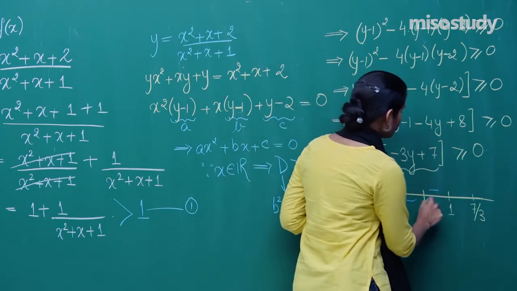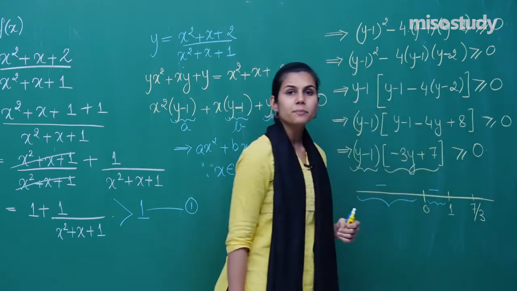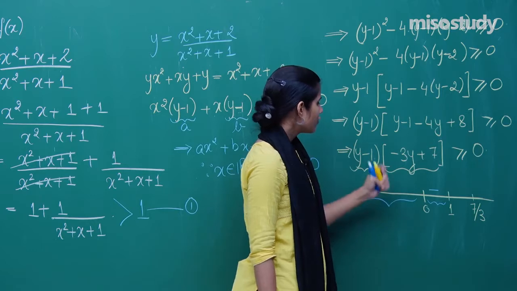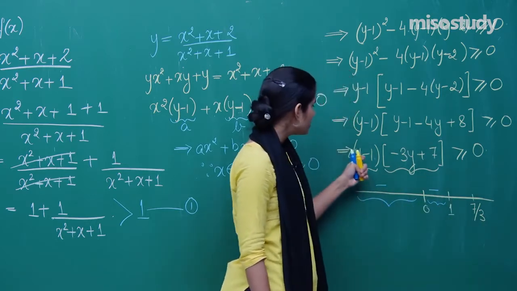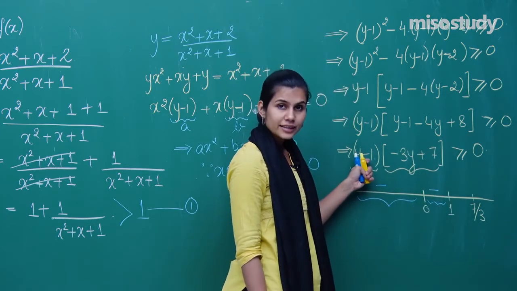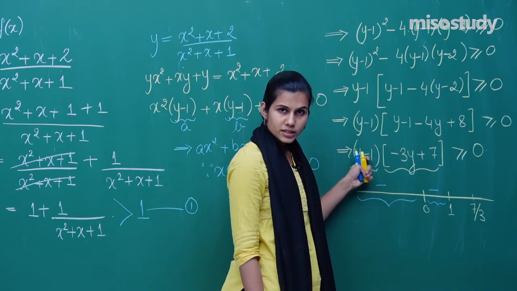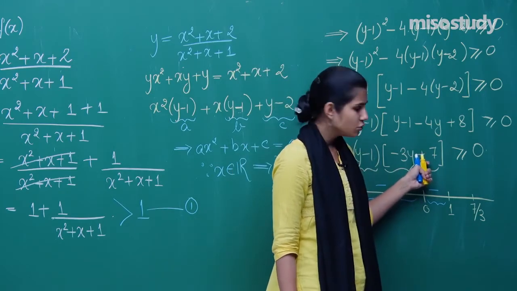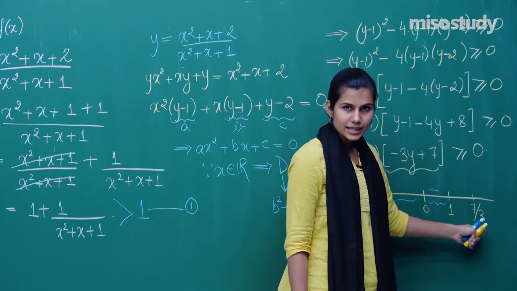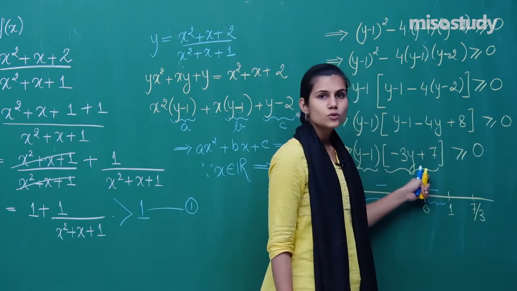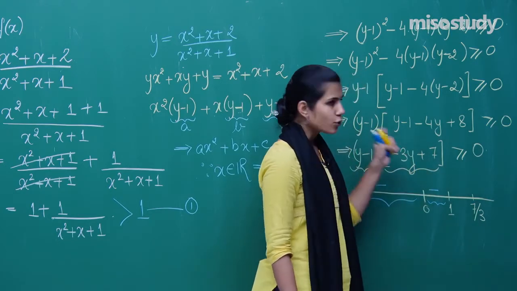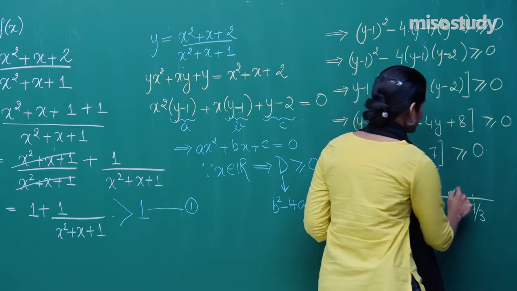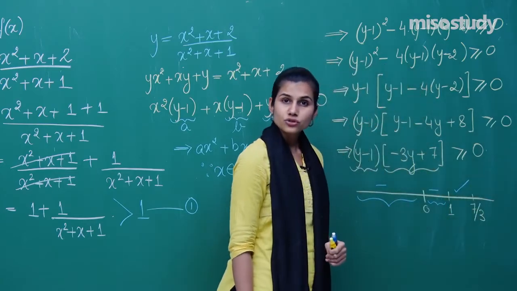If I move from 1 to 7 by 3, the values in place of y will be greater than 1, so this expression will be positive or non-negative. And over here, if I substitute y greater than 1 and less than 7 by 3, again this will be non-negative, giving the product to be non-negative. So this is the correct range.